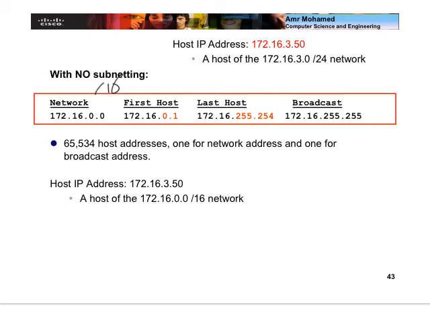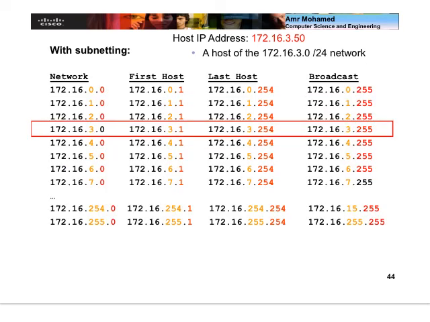This exact same example can be broken into 256 subnets, each with 2 to the power 8 minus 2 hosts, times 256.